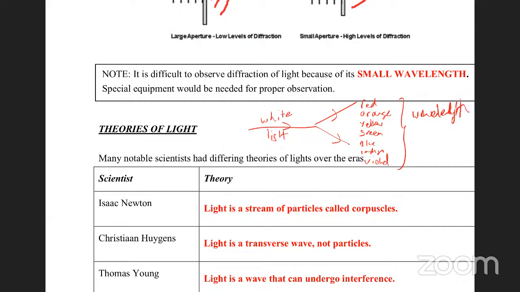So when white light passes through a raindrop, for example, it undergoes refraction. Because of the different wavelengths, they all travel at different speeds. So the white light forms a rainbow, which is a result of refraction. White light is split up into all those colors.